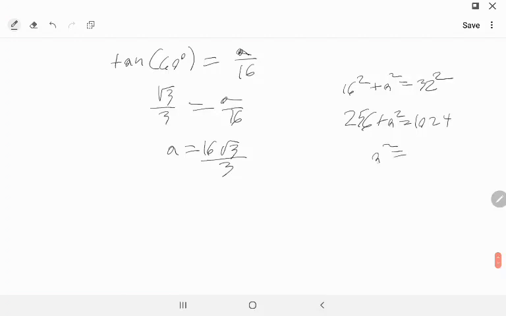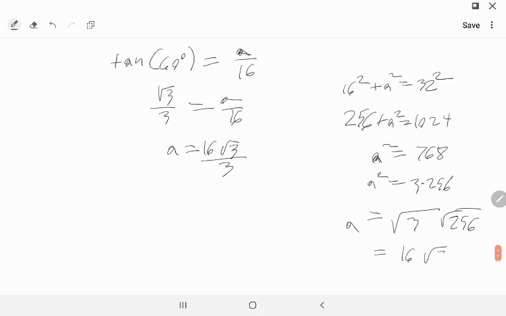So a squared would equal 768, which is 3 times 256, and so a is the square root of 3 times the square root of 256, so we get 16 radical 3.